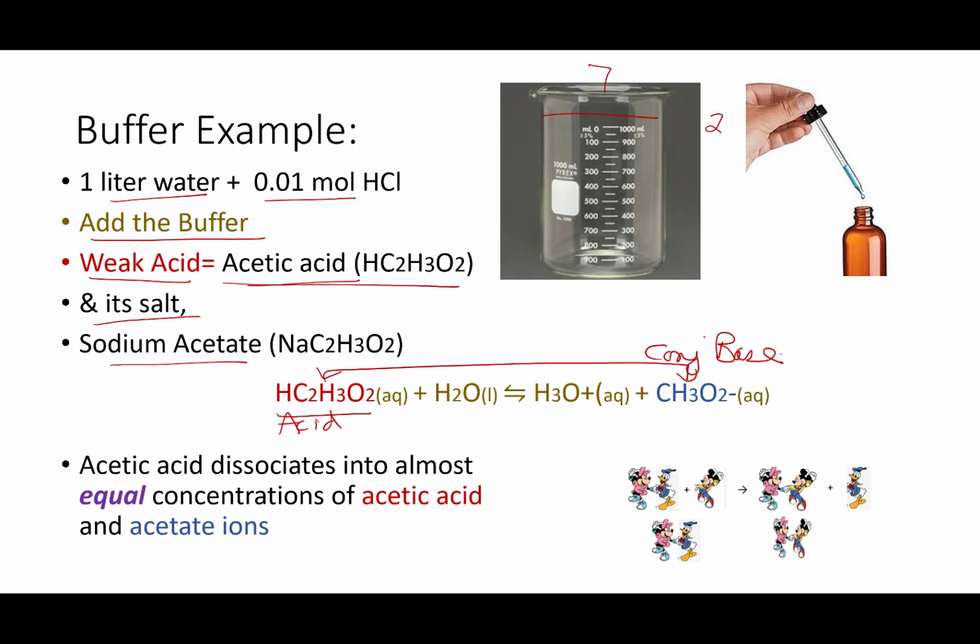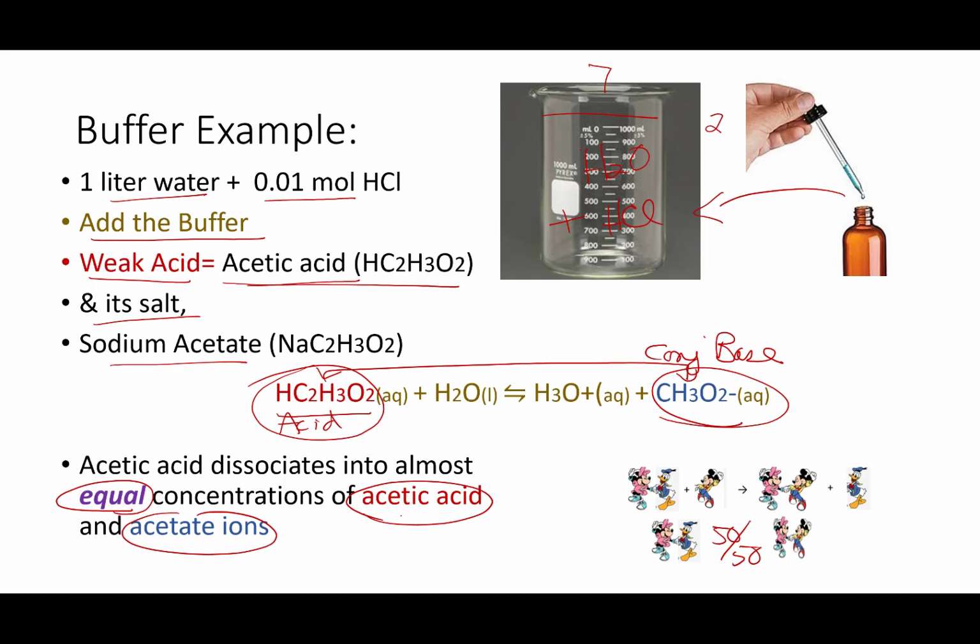The acetic acid, when you put it into this solution, which is water plus the little hydrochloric acid we've put in here, is going to be in equal concentrations, about 50-50: about 50% of the time in the acetic acid situation, and about 50% of the time in the sodium acetate situation.